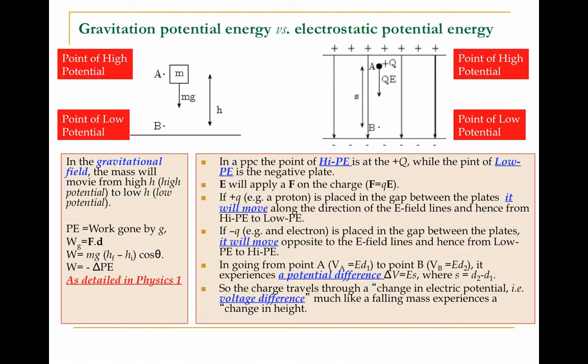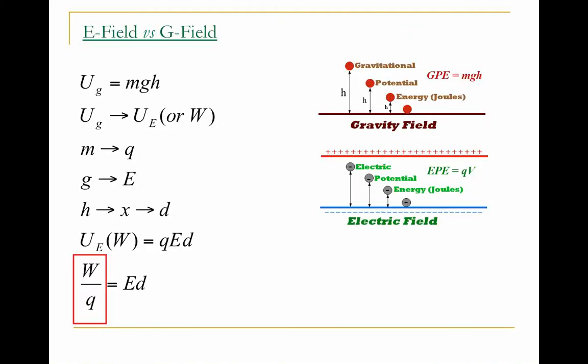This is very important. If a charge experiences a potential difference, then it will move. However, if there is no potential difference between the 2 points, then the charge is not expected to move, and thus it will not experience any work.